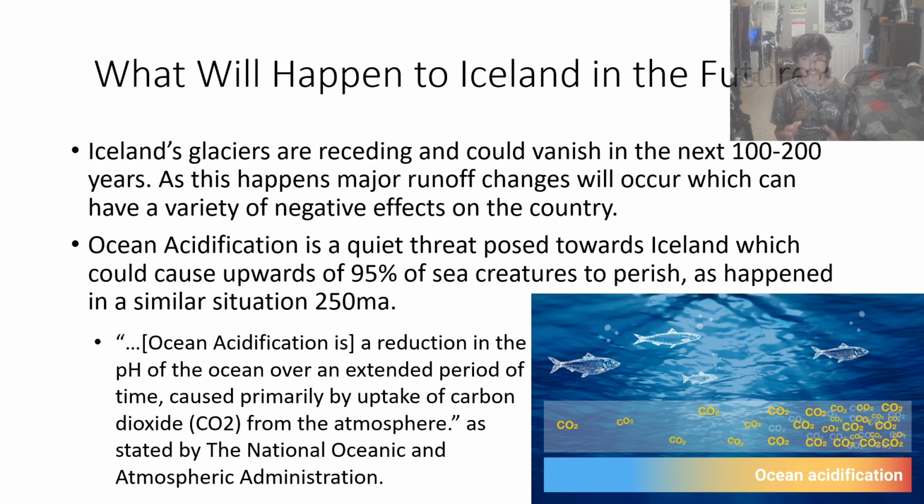We just hope and pray that we can combat these adverse effects to Iceland. The ocean acidification and the glaciers melting could come with huge consequences. It's not looking good, and we need to do anything we can to stop these processes from happening.